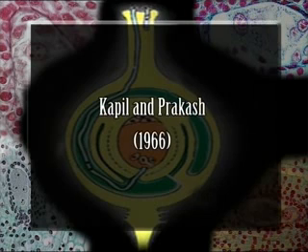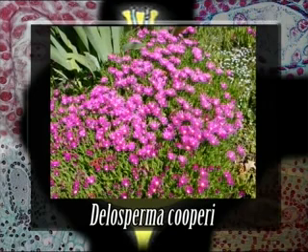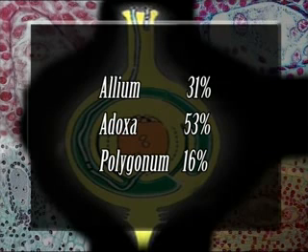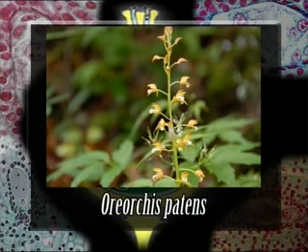Kapil and Prakash in 1966, in Delosperma cooperi, reported 14% ovules showing polygonum type of embryo sac, 18% Endymion type and 68% various tetrasporic types. Similarly, in 1971 recorded Allium 31%, Adoxa 53% and Polygonum 16% type of embryo sacs in Orchis patens.